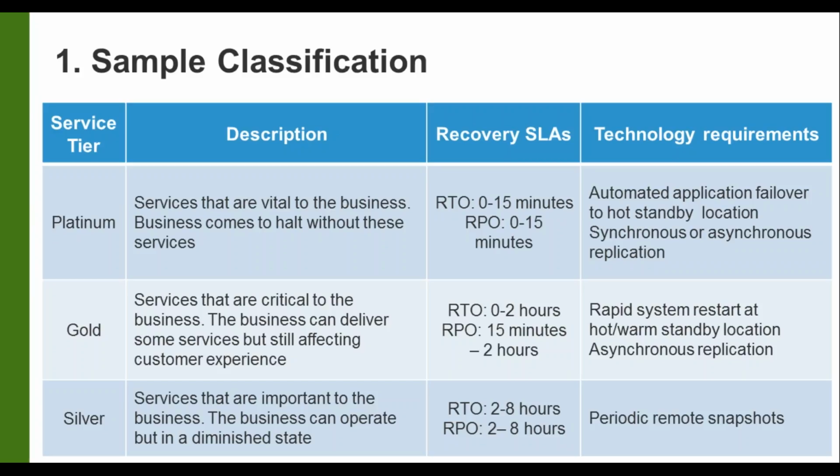But the check-in application would have to be platinum class. Each of these classes of service would have corresponding recovery times, recovery SLAs, and so on, and would also identify what technology can be used to achieve those recovery SLAs.